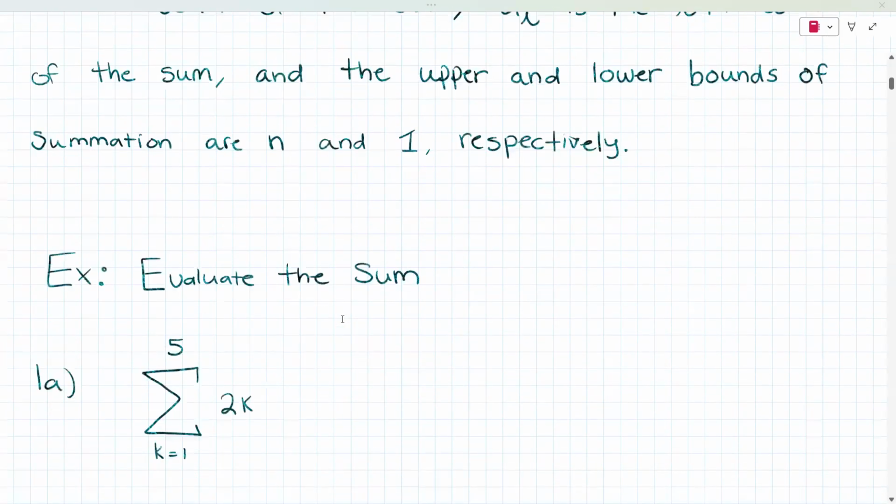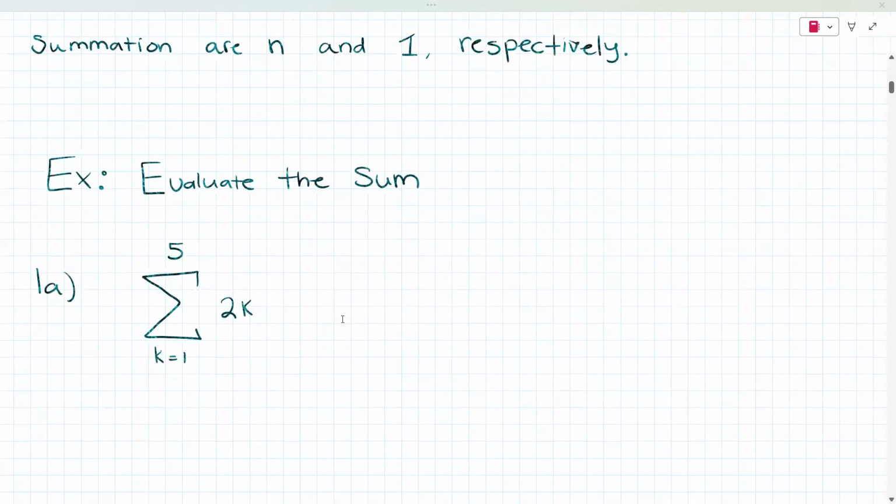Okay, so if you look at the first example, evaluate the sum where k goes from 1 to 5, and your nth formula is 2k. They give us everything we need: the nth formula 2k, the lower boundary is 1 and the upper boundary is 5.